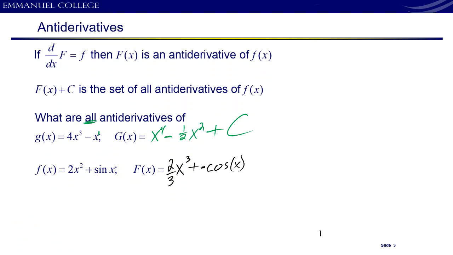But if I do minus cosine of x, that would work, because the derivative of cosine of x is negative sine. So the derivative of negative cosine of x is the positive sine of x that I'm after. And that takes care of all the terms. So then we just get plus c at the end. So f of x is equal to 2/3 x cubed minus cosine of x plus c.